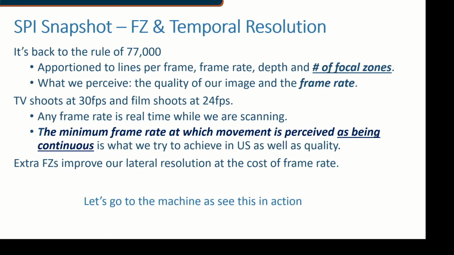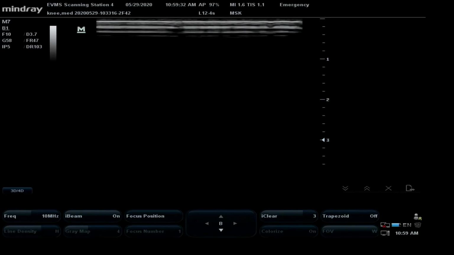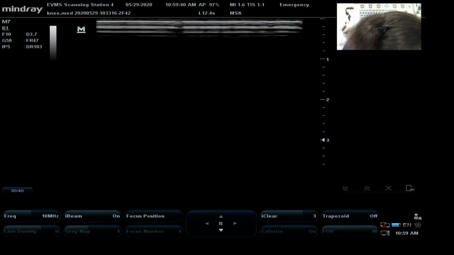Now, I'm just going to go to the machine and show you really quickly what that will look like. I'm just going to use my own wrist on this. Actually, let me have your wrist.